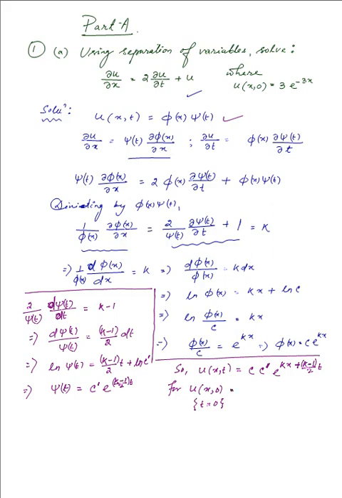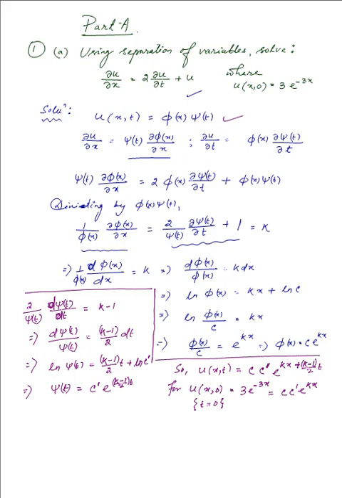So what we have is the value to be equal to 3e to the power minus 3x that has been given, and by putting that value, this t term in the power of the exponential goes to 0, and that completely erases the second part of that exponential power term, and we are left with just e to the power kx. So this is c primed e to the power kx.